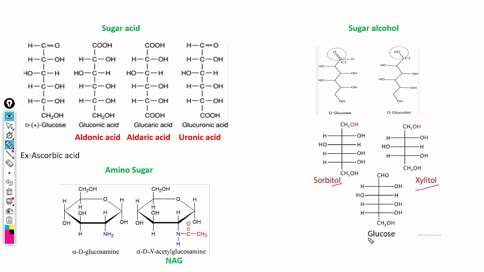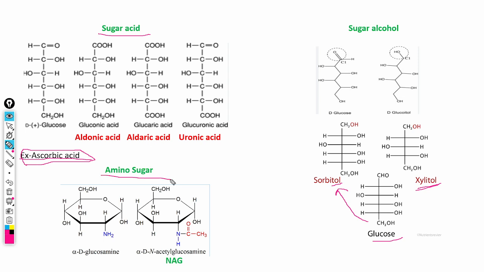That means glucose is the exception. If it is glucose, it is called sorbitol, but if it is xylose, it is called xylitol. Another example of the sugar acid is ascorbic acid or vitamin C, which prevents scurvy. So in the exam it will be asked which type of carbohydrate ascorbic acid is? Always the answer will be sugar acid.